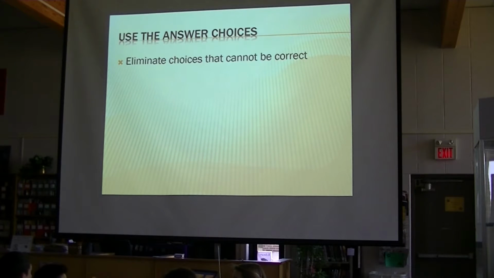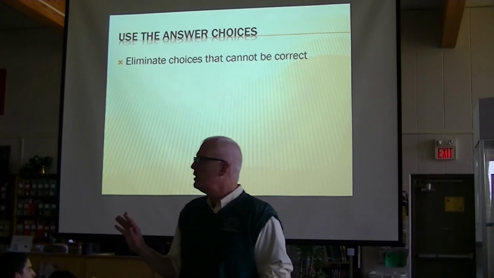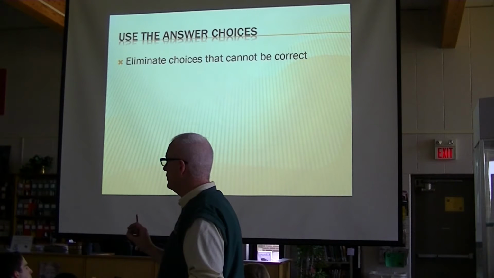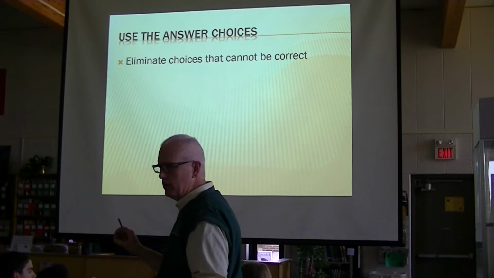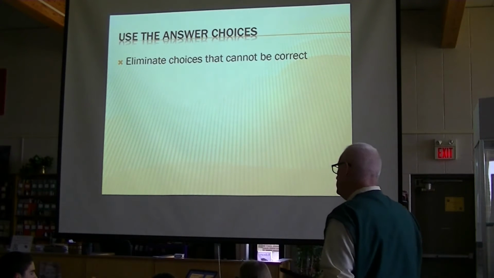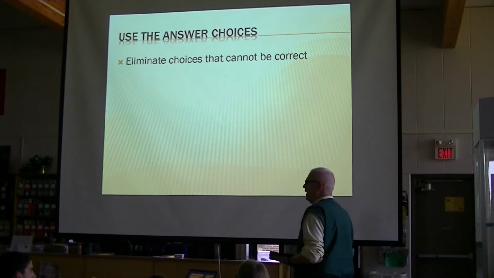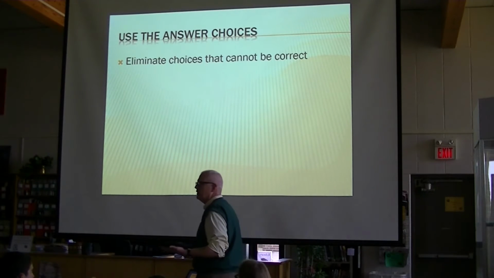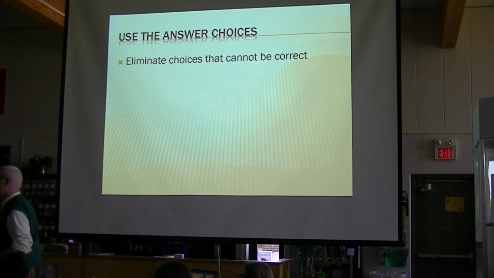Okay, we talked about eliminating answer choices. If you're unsure on one, remember how I said there's going to be some that you're just going to guess on? Well, there's sort of some middle ground on that. Let's say it's a geometry problem. The picture's drawn to scale, and it asks you to find one of the interior angles of a polygon, and you don't remember the formula, and they don't give it to you.